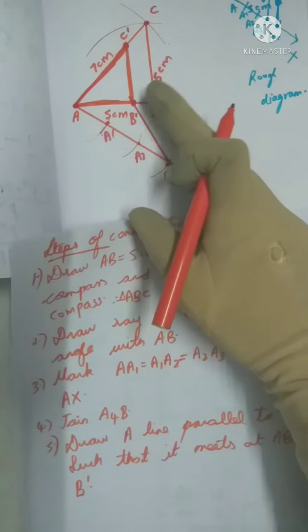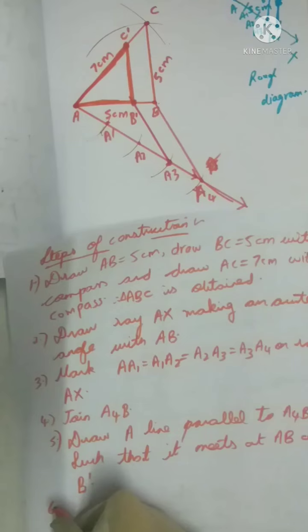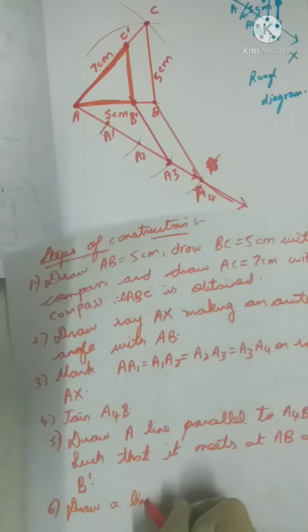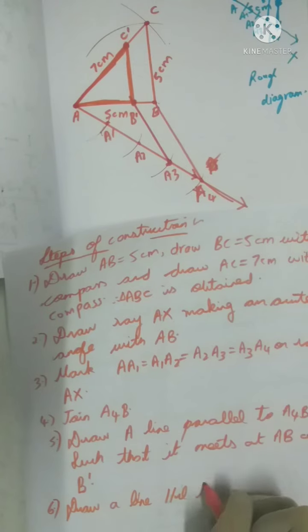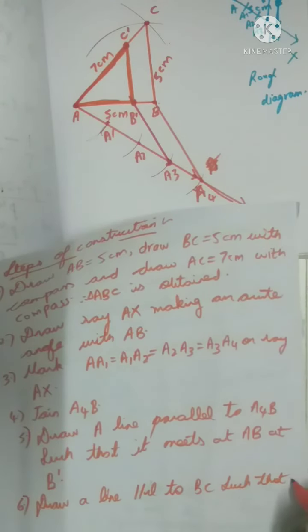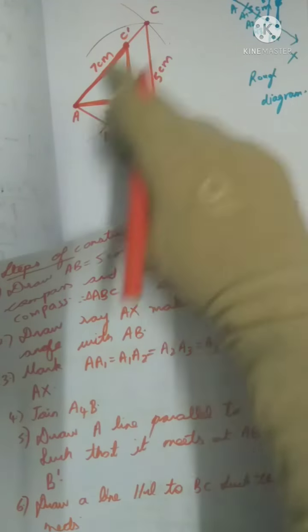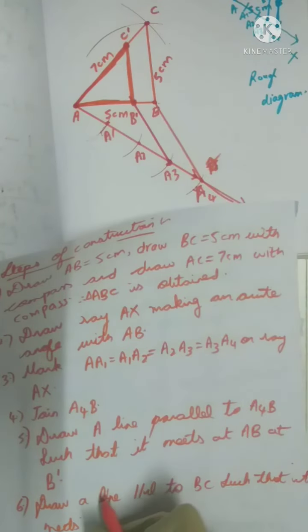Draw a line through B dash parallel to BC. That is the sixth step. Draw a line parallel to BC, such that it meets AC at C dash. What is my last step?